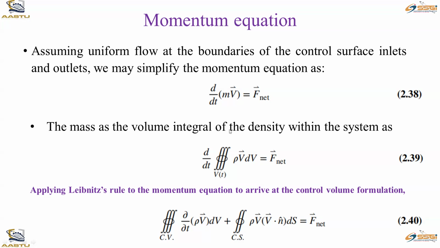Anyway, we can put it in the volume integral form. d/dt in the volume integral form, rho v dV. V is the flow velocity, rho is the density, because instead of mass, we can put density times volume.